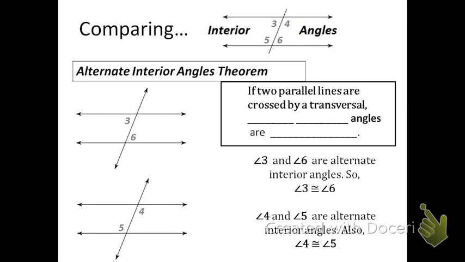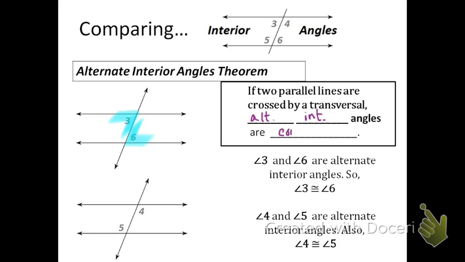Now, for the interior angles, we have alternate interior angles. Based on the alternate interior angles theorem, if there are two parallel lines crossed by a transversal, alternate interior angles are congruent. If we look at angle 3, that is acute, and angle 6 lines up right with it, that is also acute. So we can say that alternate interior angles are congruent.